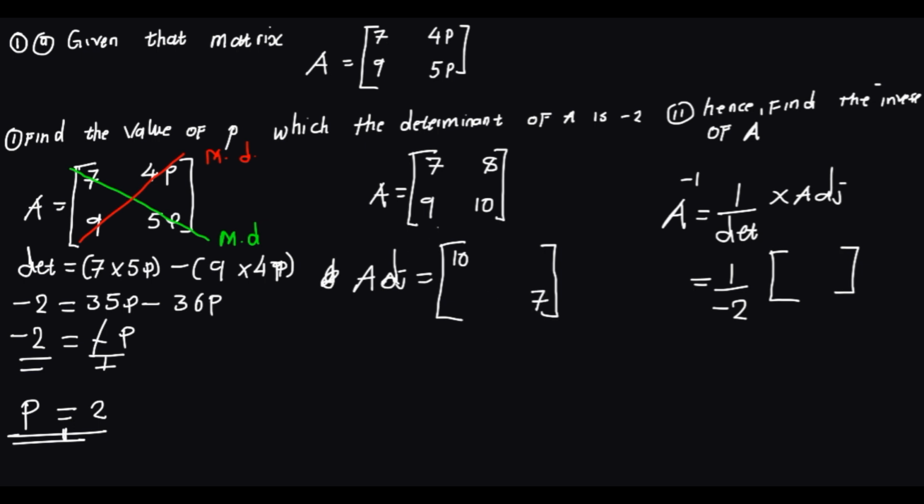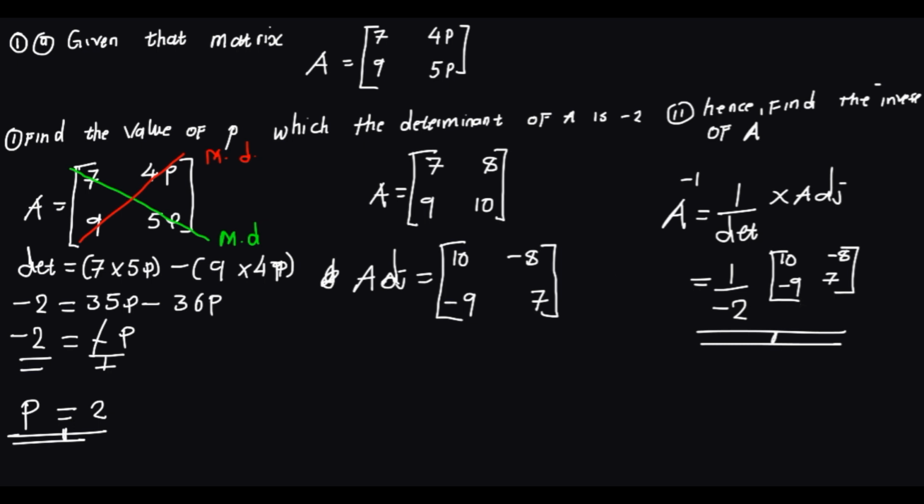Now for the minor diagonal, you don't change the position, you change the signs. So our 8 becomes negative 8. Then here negative 9. So our final answer is 10, negative 9, negative 8, and 7 here. So this is how we can find the inverse of a given matrix, which is a 2 by 2 matrix.